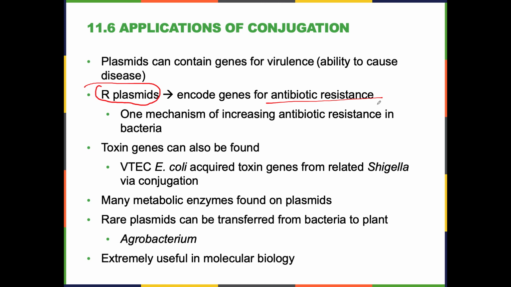And for me, the super coolest plasmid is this one by this bacterium called Agrobacterium. And it has figured out how to take this plasmid and transfer it to a plant. Not even other bacteria, to a plant, right? And so why would it do that? Well, it turns out that when it makes its way into a plant, it causes these tumors in the plant.